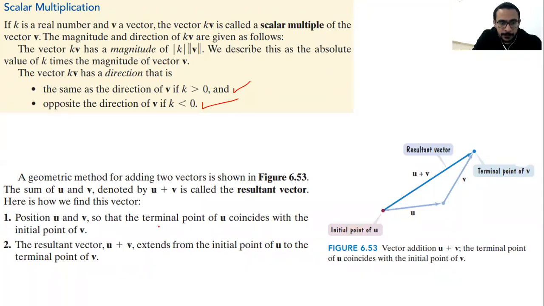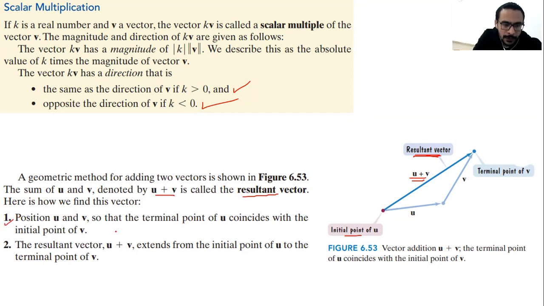Okay, here is a geometric method for finding the sum of two vectors. The sum of the resultant vectors, guys, u plus v. If I have v and u, you can find u plus v, and we will see, guys. First, the sum of u and v, denoted by u plus v, is called the resultant vector.